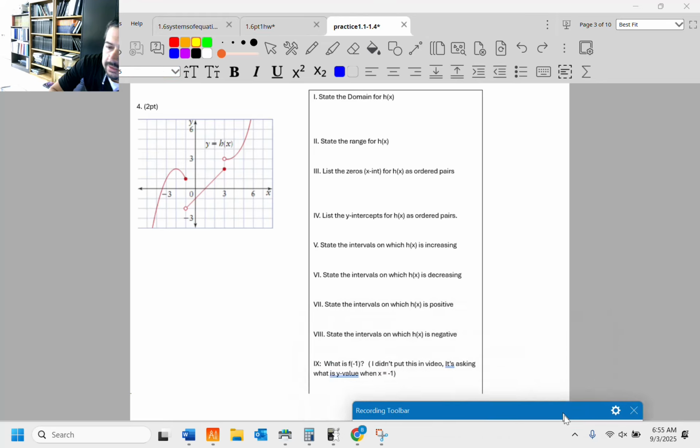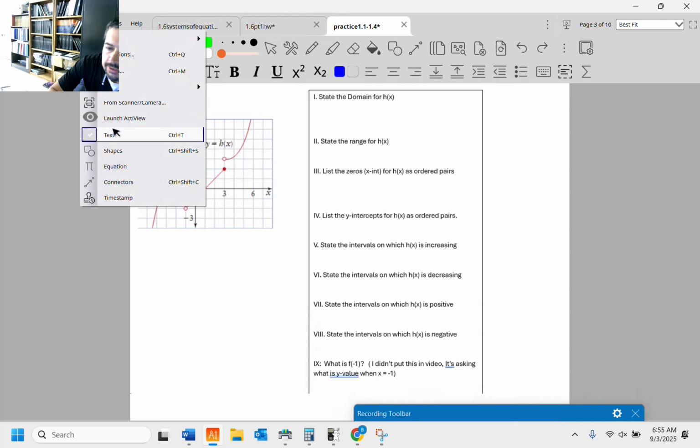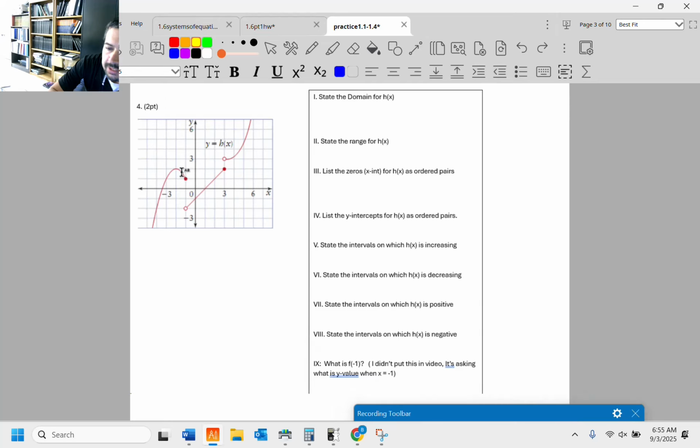Alright. So if we do this one piece by piece, we might have a problem. But let's see what we can unify here. This thing is running from negative infinity to 1, right?